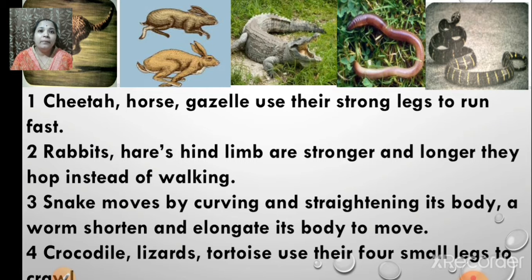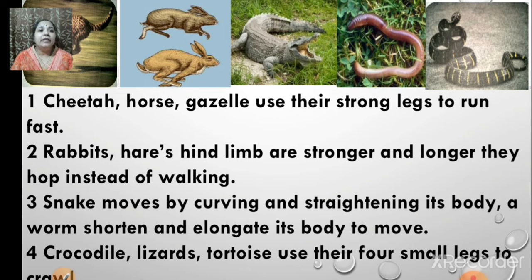Now few animals like cheetah, horse, gazelle have strong legs, and they use their strong legs to run very fast. Now animals like rabbit have hind limbs which are stronger and longer. That's why instead of walking, they hop. Can you see in the picture?